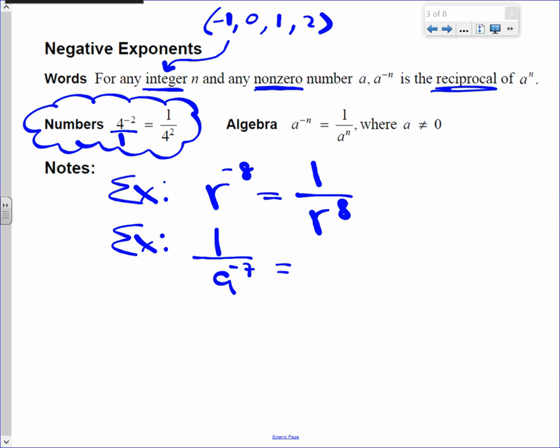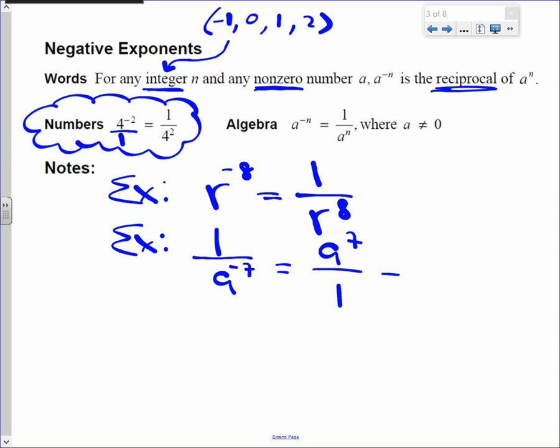Let's do the reciprocal first. What would be the reciprocal of 1 over A to the negative 7th? Right, so the denominator becomes the numerator. So look at A to the positive 7th over 1. And we're done, A to the 7th. So you take the reciprocal and make the exponent positive. Nothing more, nothing less. I don't know what else to tell you guys.